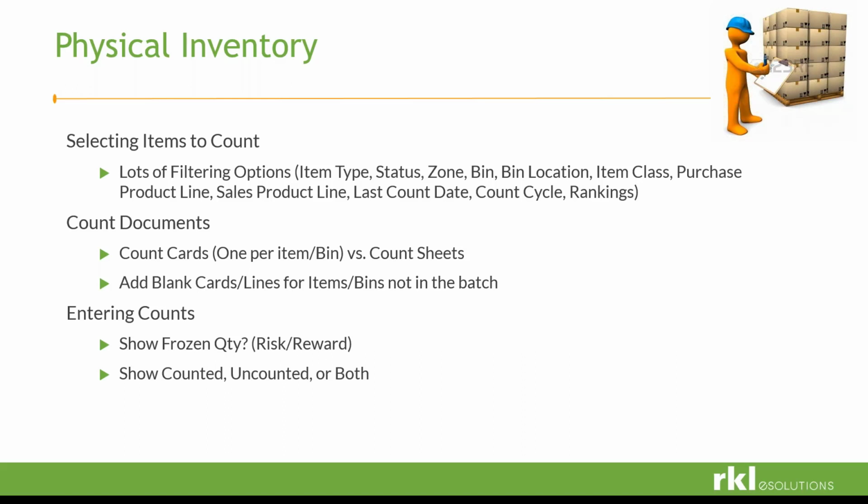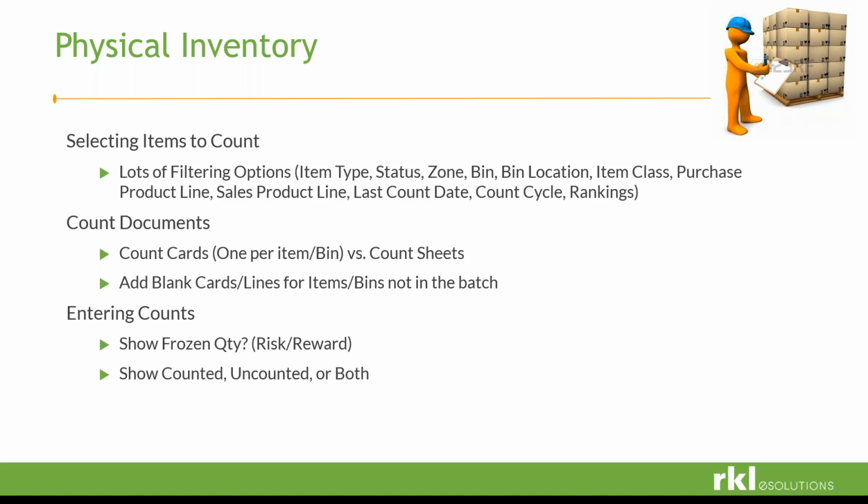But if you're still using paper to do your counts, then you've got a choice of generating either count cards, which would be one item and or item bin location per count card, or using count sheets, which can have either multiple items or multiple bin locations for items on a single sheet.